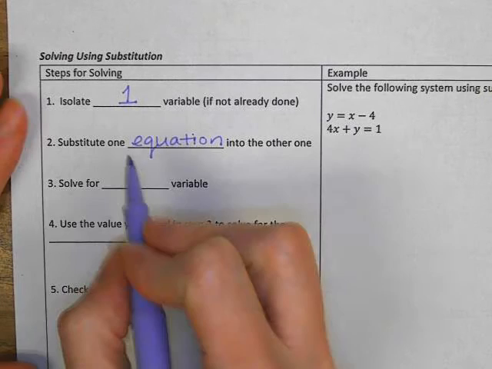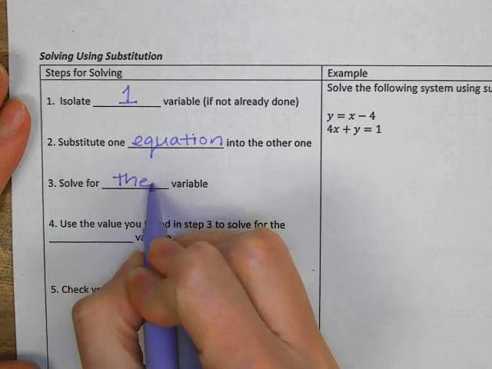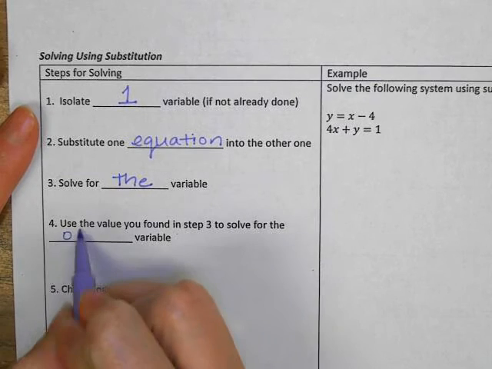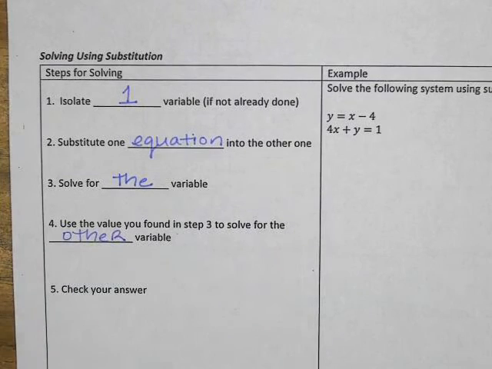And then you're going to solve for the variable. And then we're going to use that value that we solved for in step 3 to plug it in and solve for the other one. And then you can always check your answer if you want to be sure that you're right.